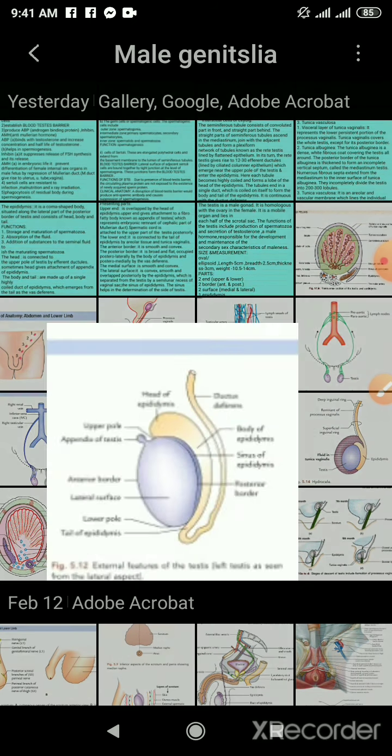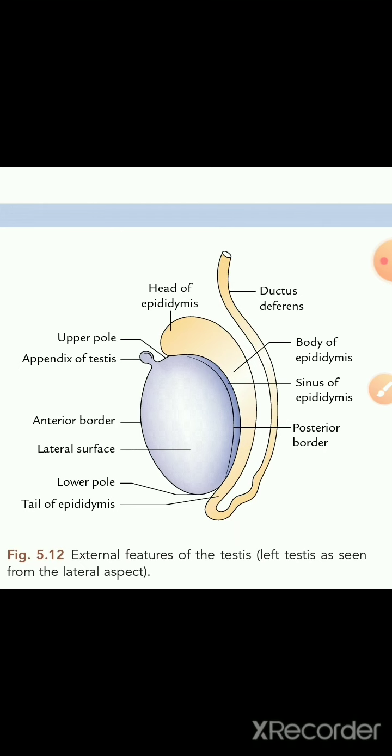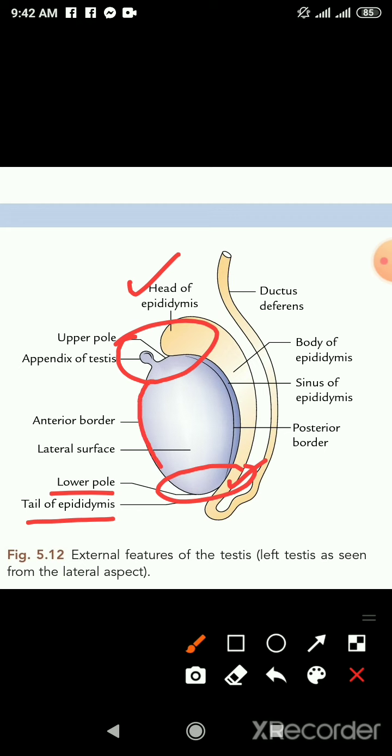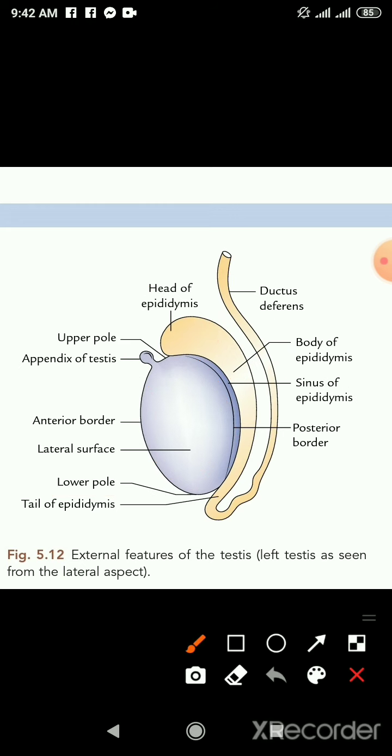So we are talking about the parts of the testis. So look at that. The upper pole is attached to the head of the epididymis. The lower pole is attached to the tail of the epididymis, and the anterior border is free, smooth and convex, and posterior border is related to the body of the epididymis. And we told that the testis and the epididymis are separated by a recess, which is known as sinus of the epididymis.